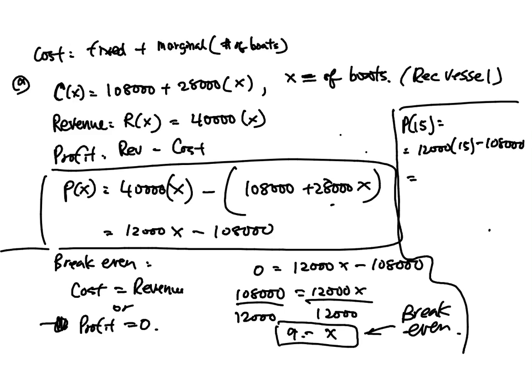Hopefully we're making some money here. 12,000 times 15 is 180,000 minus 108,000. It's going to be $72,000. And this will be a profit because it's positive. Okay?